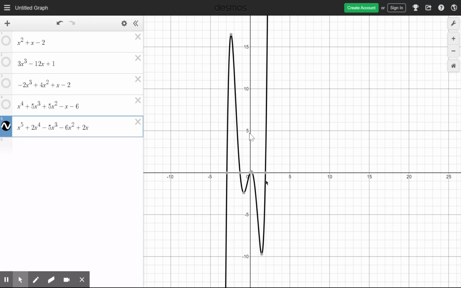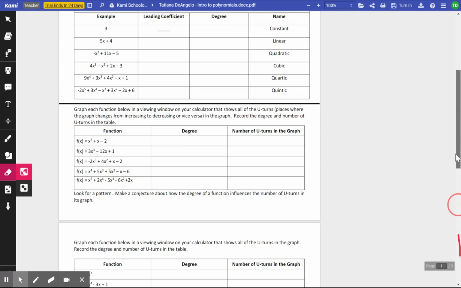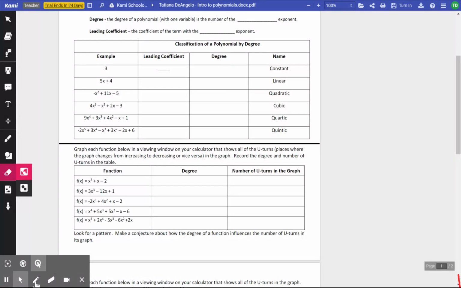So now I'm going to go back to my worksheet. Again, I'm just going to fill in what I said. The first one, I saw 1 U-turn. The second one, I saw 2 U-turns. The third one, I saw 2 U-turns. This fourth one, I saw 3. And the last one, I saw 4.